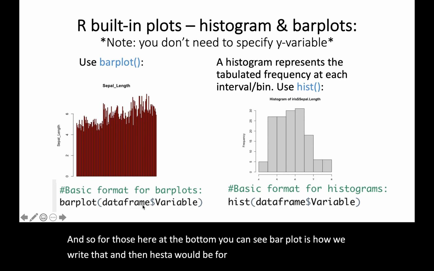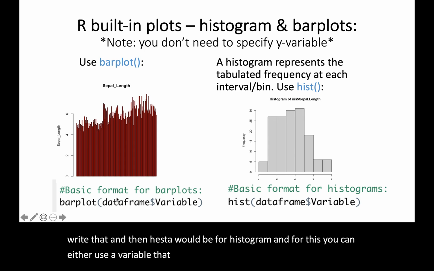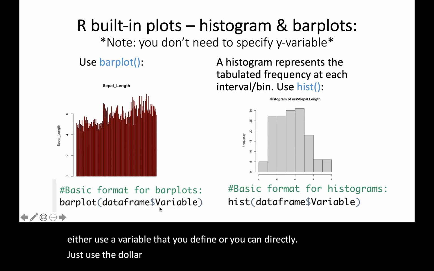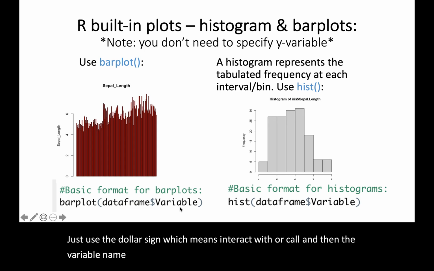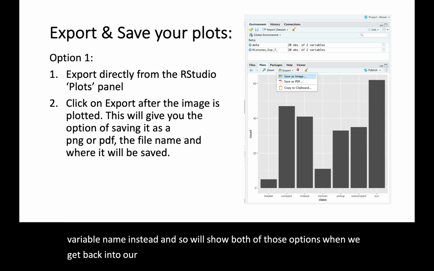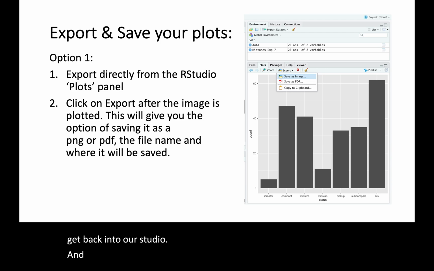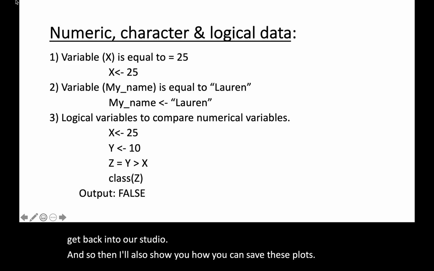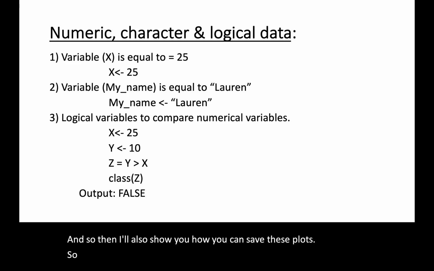For this, you can either use a variable that you define, or you can directly use the $ sign, which means interact with or call, and then the variable name instead. We'll show both of those options when we get back into RStudio. I'll also show you how you can save these plots. Okay, so let's go ahead and go back into R.